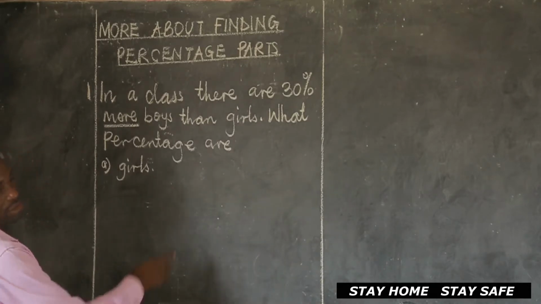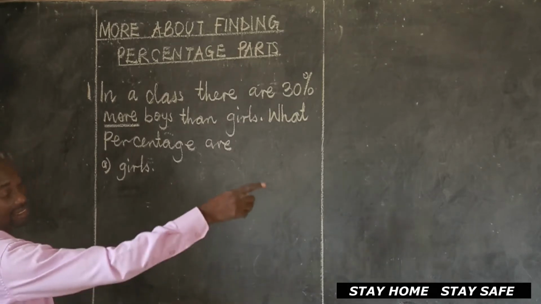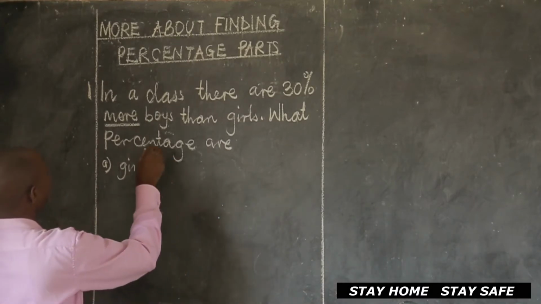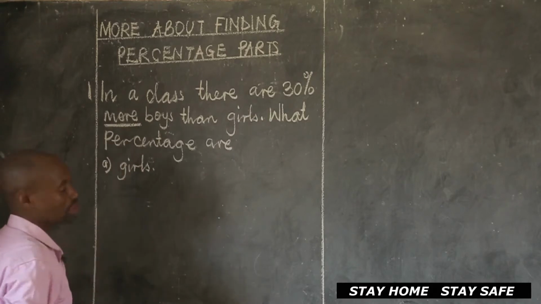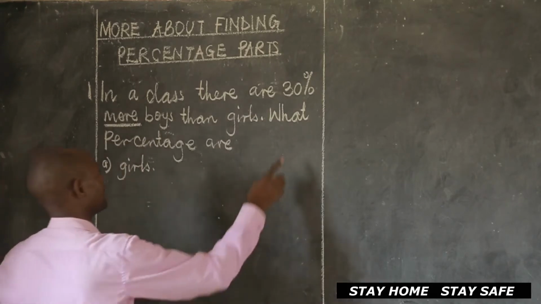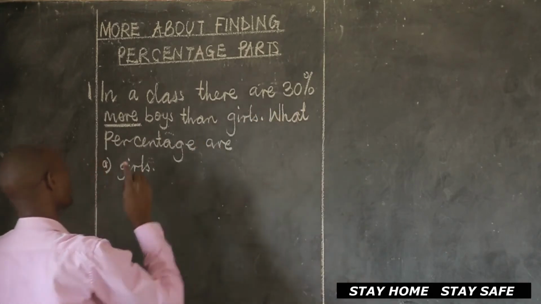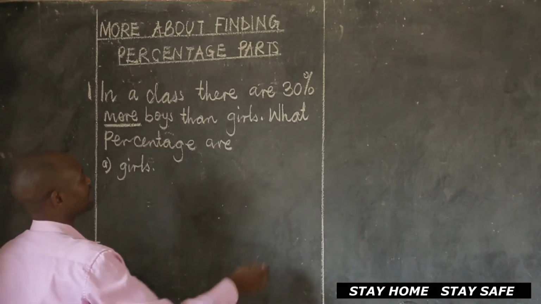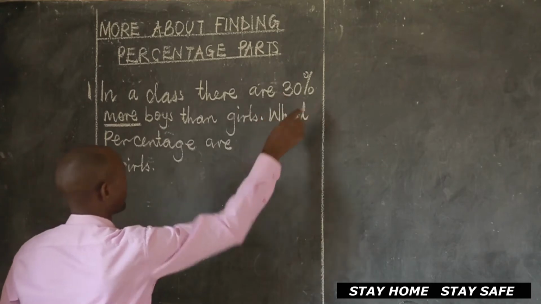I don't want you to begin subtracting directly like the way we did the other time. Here we have this word more. So this means that 30% is not the percentage of boys, but it is just a difference. Boys are more by 30.